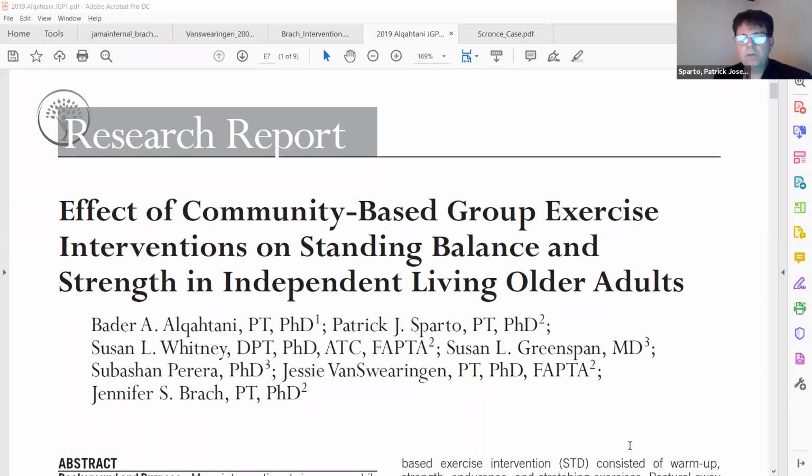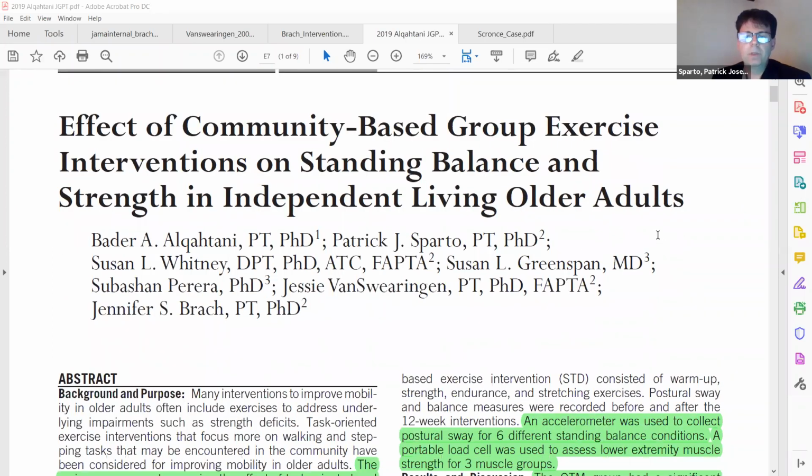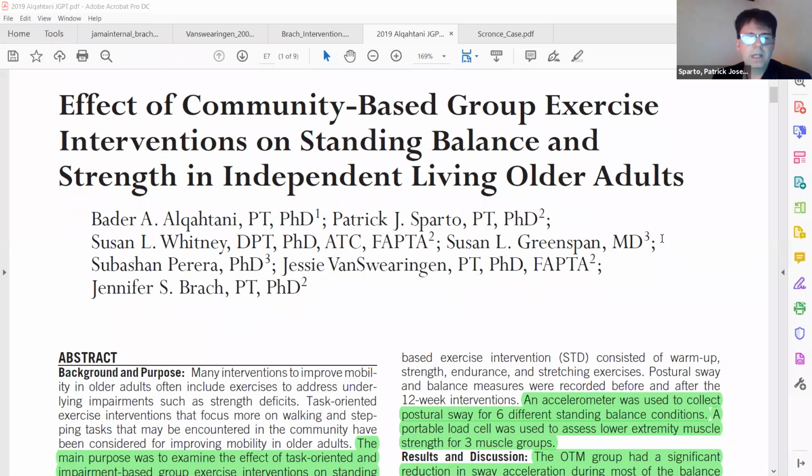So a large part of the study was to get stakeholder input from the people who actually were living independently and participating in these programs in the community, the senior communities where this took place. So that gives an overview of where this came from.